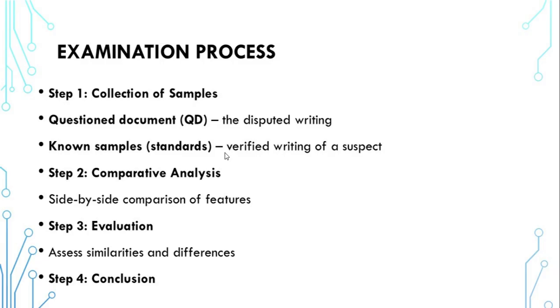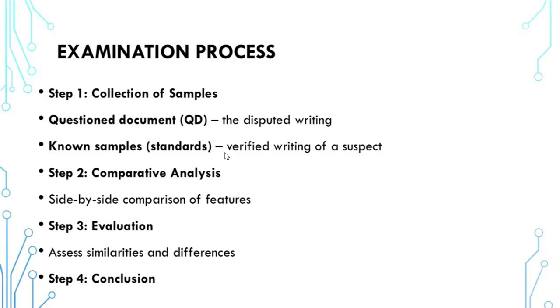Then you collect the first one, collect the second one. You can make it up to 10. Let him repeat the same thing like that. It may be different content, but you must make sure that all of the content carries the same type of letter that you want to compare with the disputed.